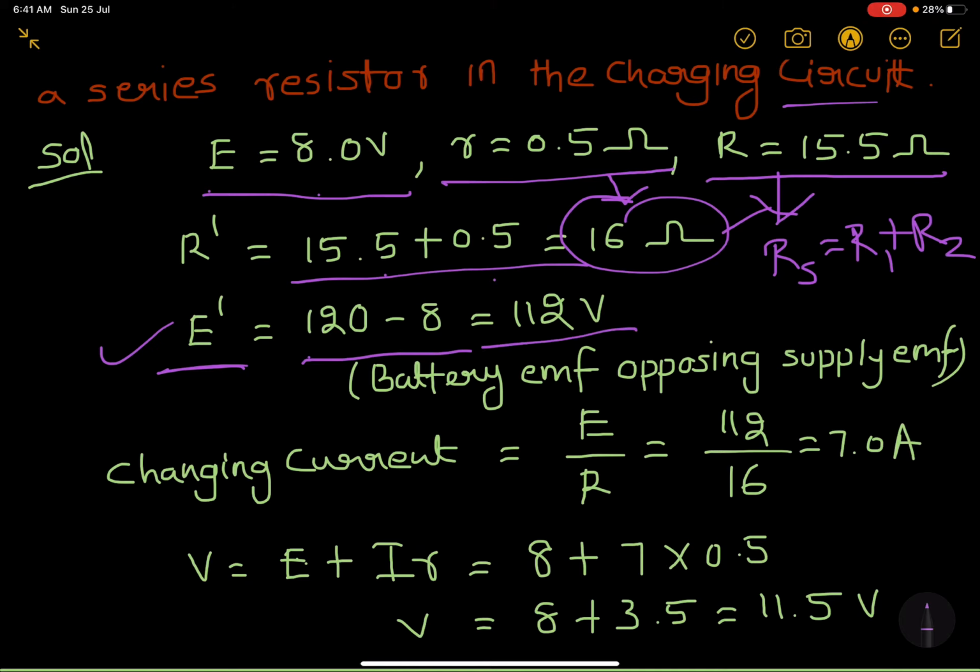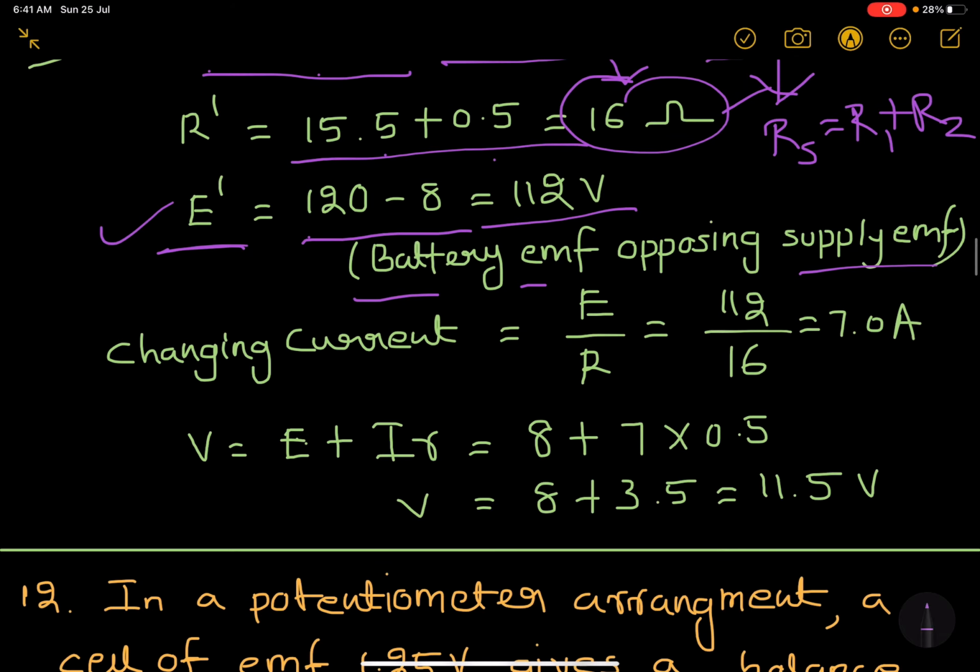This is the battery EMF opposing the supply EMF. Now what is the current? The current formula is I equal to E by R dash. We already found R dash, so it is 112 by 16, which gives 7 amperes.